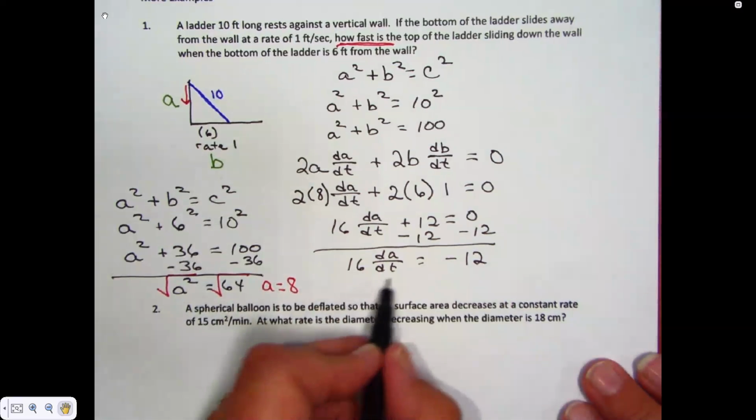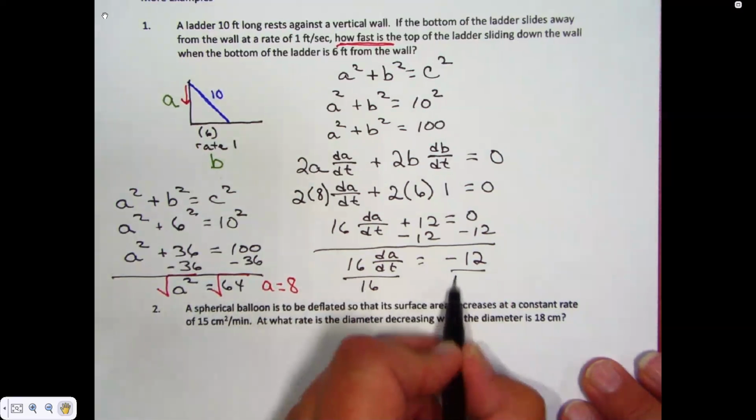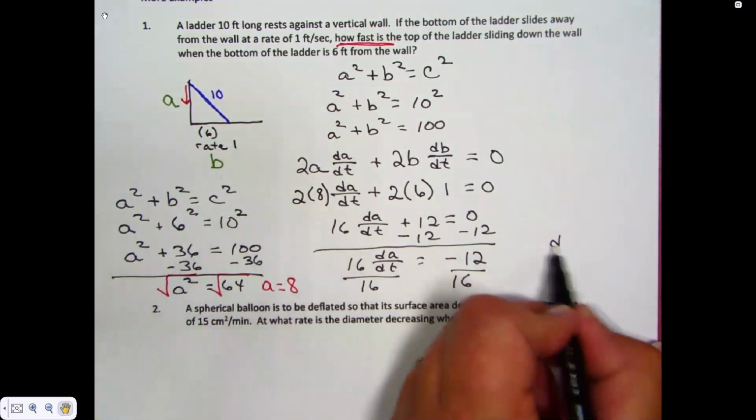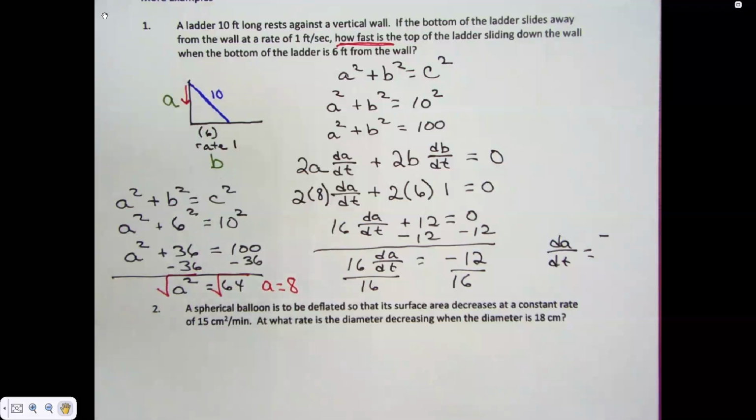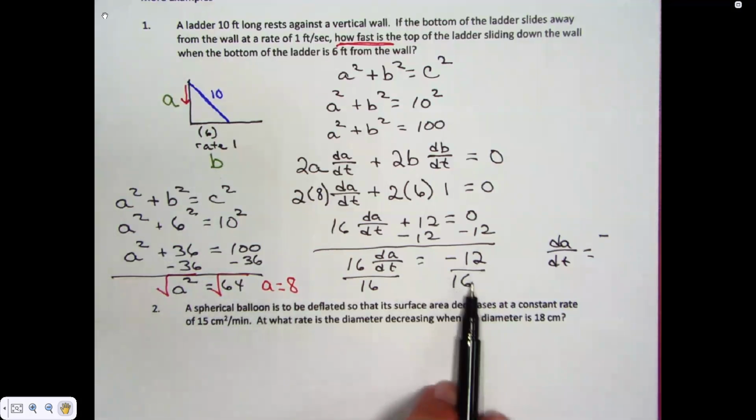And then divide both sides by 16. Why is this a weird answer? It's negative. And then we can simplify it to 12 over 16, so 4 goes into both, so 3/4.